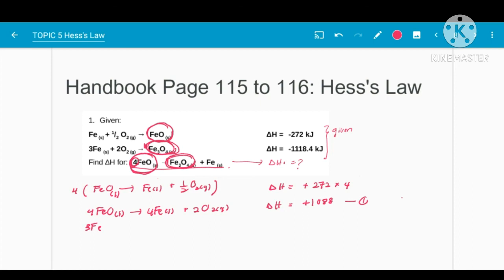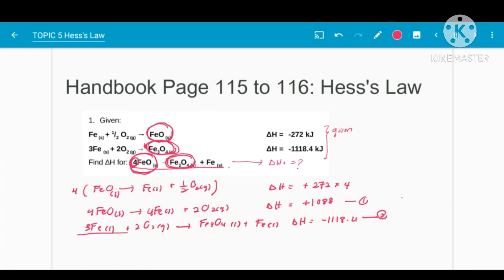So just copy the chemical equation. Fe gas produces Fe3O4 solid plus Fe solid. It still remains the same. This is equation 2.